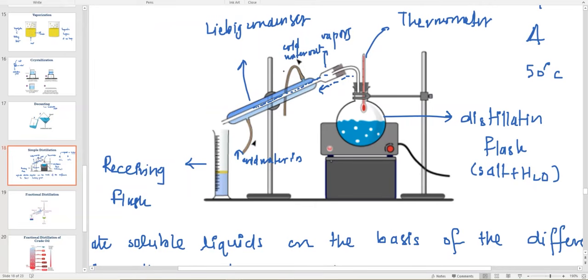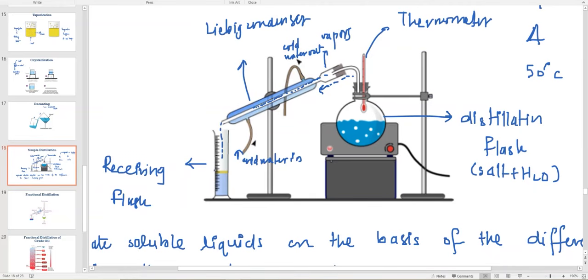Okay, so the cold water will move around the jacket around the tube. It will not come into direct contact with the water vapors that are coming from the distillation flask. It will only move around the tube inside the jacket. It will cool down the tube, which in turn cools the water vapors, and they will be condensed and collected in the receiving flask.